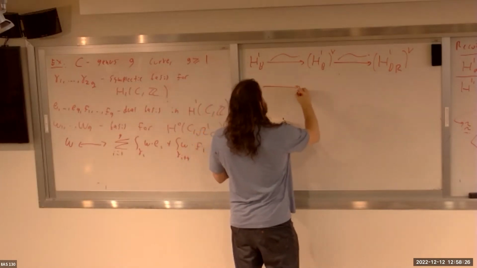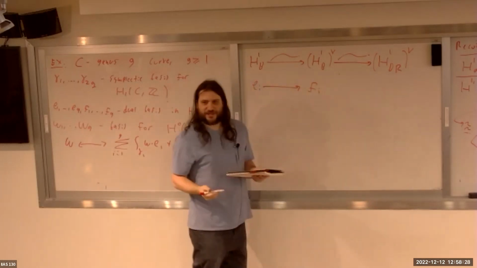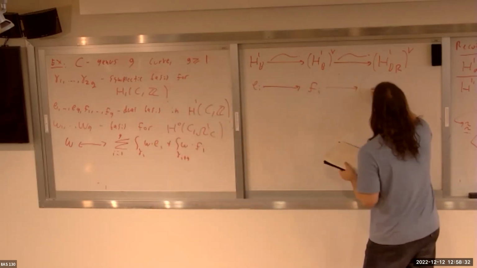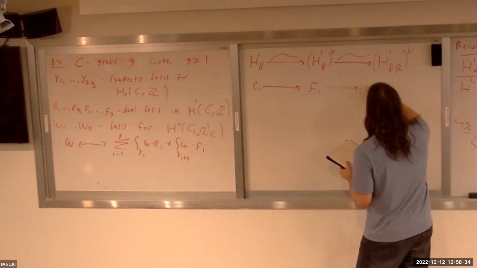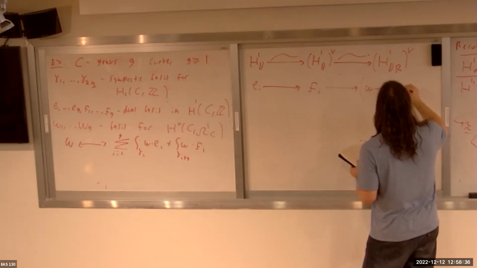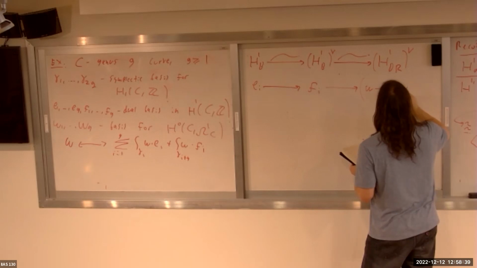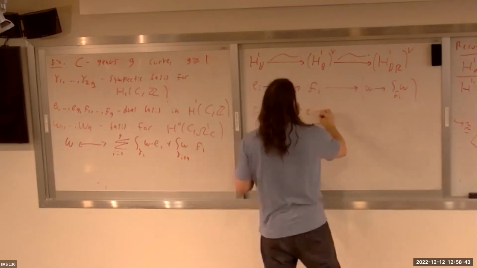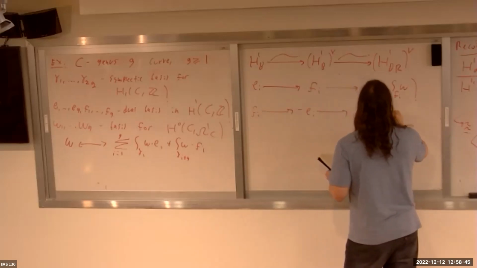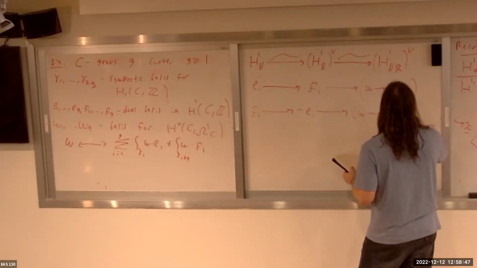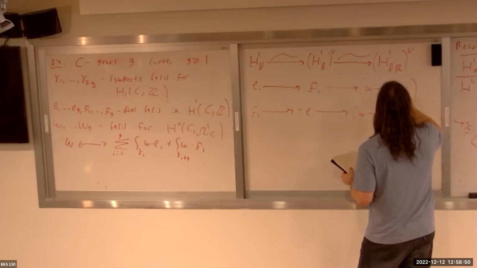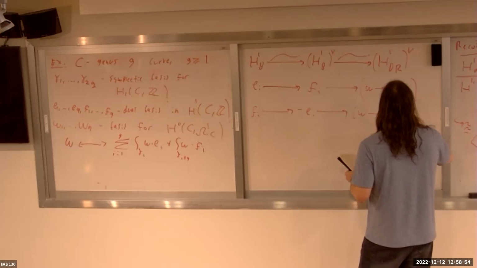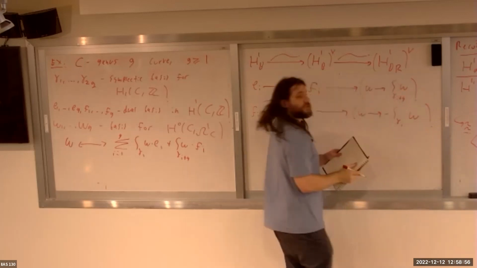Well, e_i here maps to f_i by the nature of our symplectic basis. And f_i maps to the dual form, which sends omega to the integral of omega over f_i. And f_i maps to negative e_i, which sends omega to the negative integral over gamma_{i+g}, integral over gamma_i of omega.